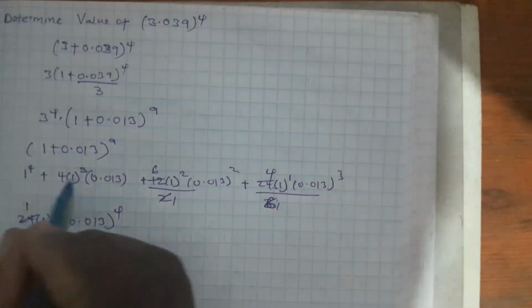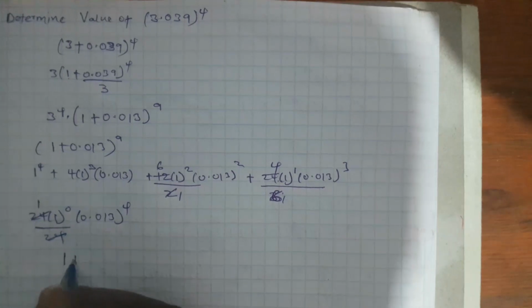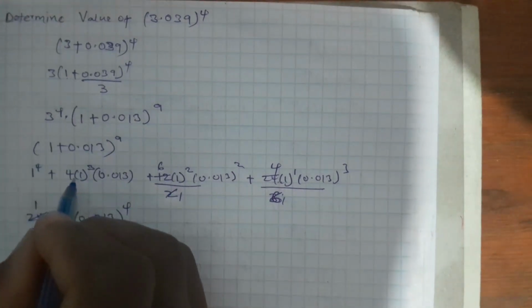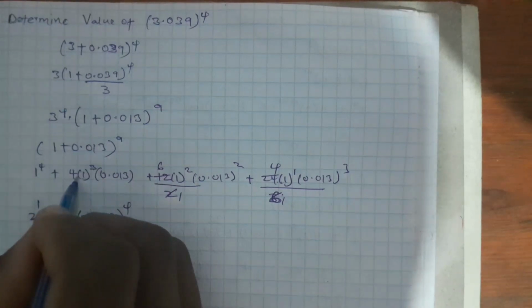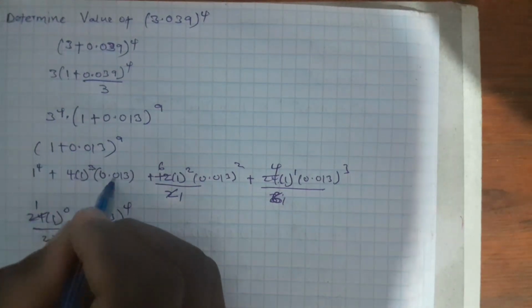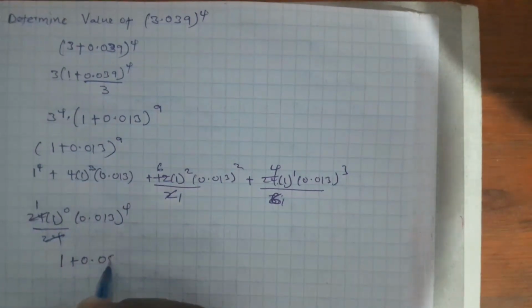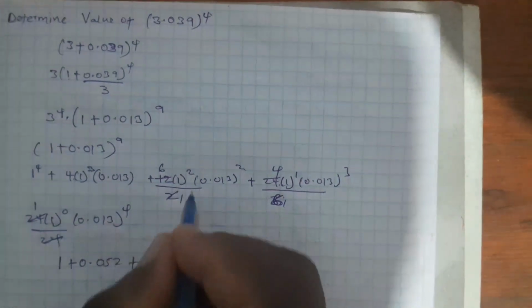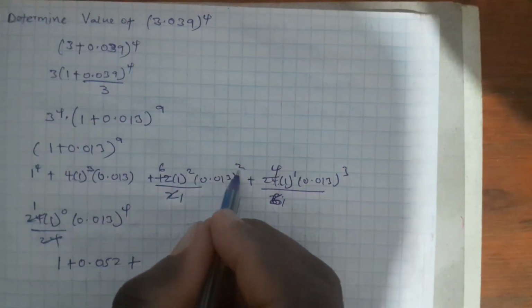You then go ahead and work this out. You'll have 1 to the 4th power is 1, plus 1 to the 3rd power times 4 times 0.013. You'll have 0.052. You work out this one, 1 times 6 times 0.013 raised to power 2.